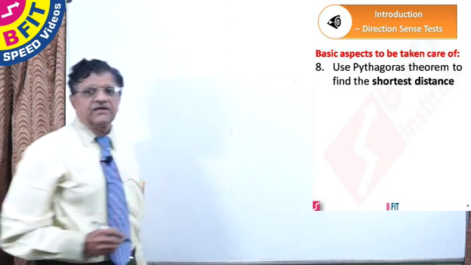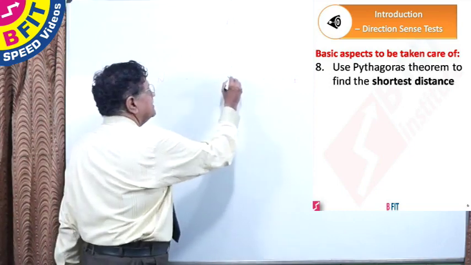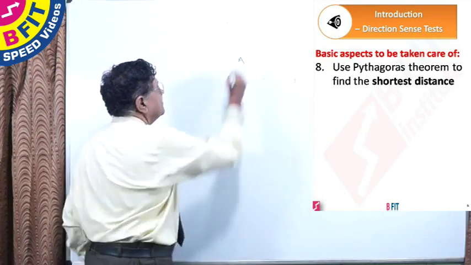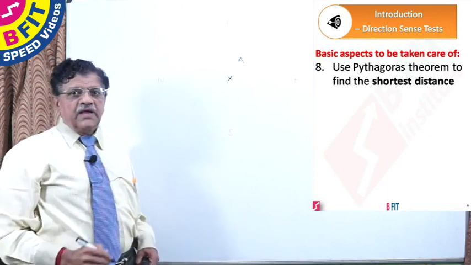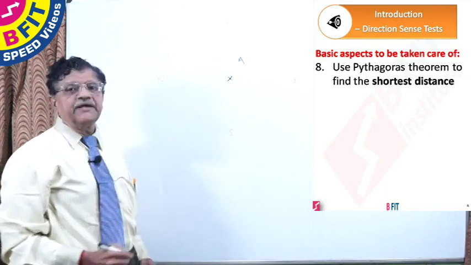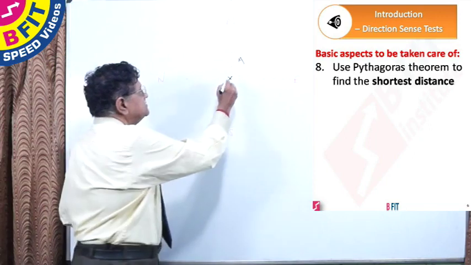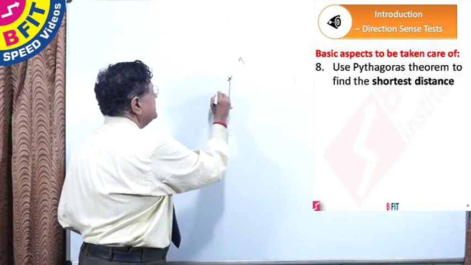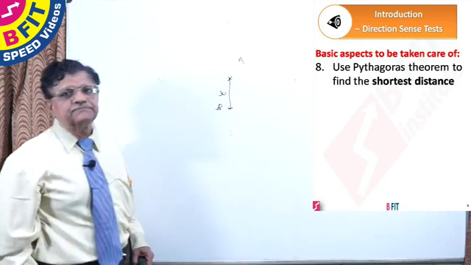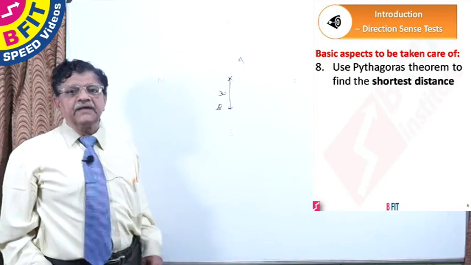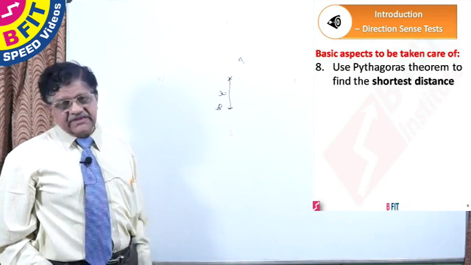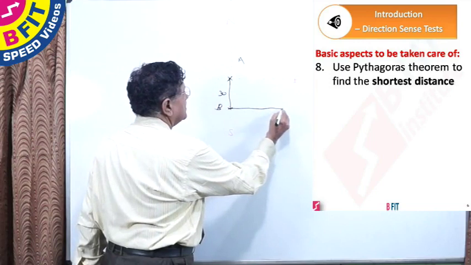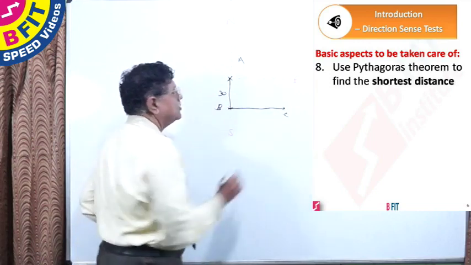A person started from point A, he walked south to point B 30 meters. This is B and the distance is 30 meters. At this point, he takes left and travels 40 meters to point C.